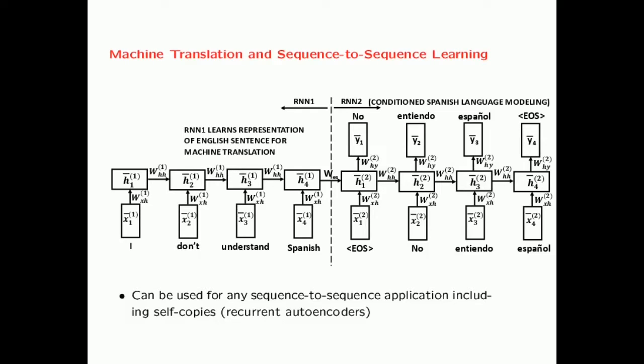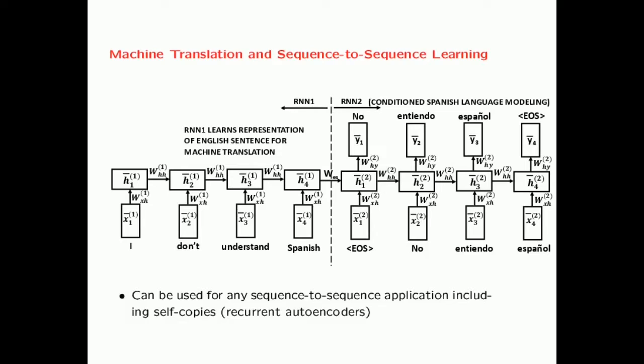So the parameters in RNN1 and RNN2 are not shared. They are different sets of parameters. However, if you had a recurrent autoencoder, presumably you could do it using the same set of parameters across the whole recurrent network. But even that is not necessary. With an autoencoder also, you could have different parameters. You could have two recurrent networks hooked end to end, even if your application was that of copying one sentence identically.